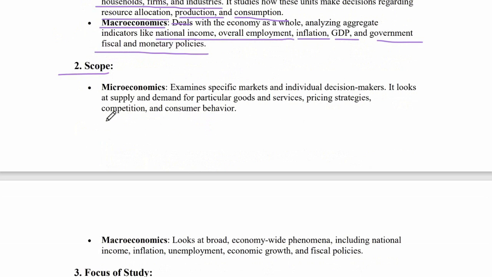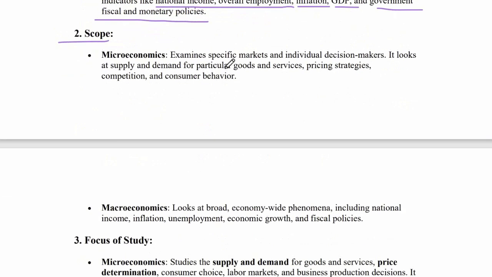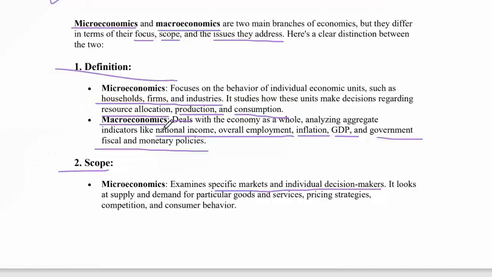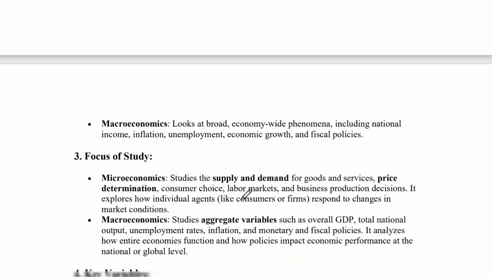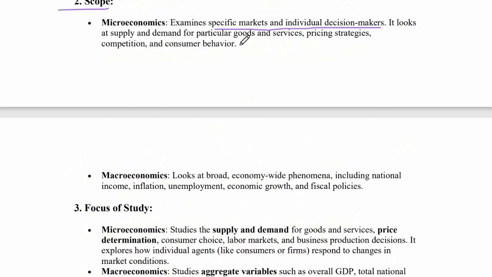Scope. Microeconomics examines specific markets and individual decision makers. We already mentioned earlier that it focuses on the behavior of individual economic units. So its focus is on specific markets and individual decision makers. It looks at supply and demand for particular goods and services, pricing strategies, competition, consumer behavior.